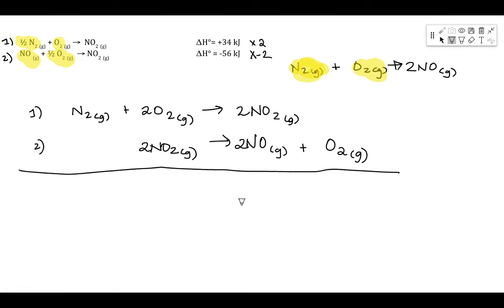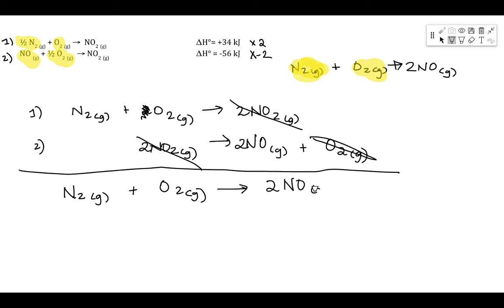Okay, so when I have these two reactions, the first thing I'm going to do is try and cancel out anything that I see on both the left side and the right side. So 2NO2 gas I see on both sides. I see 2 O2 here and 1 O2 here. If I cancel this out, this becomes 1 O2. So if I combine these reactions together, my target equation will be achieved, right? N2 plus O2 gives 2NO. That's exactly my target equation.